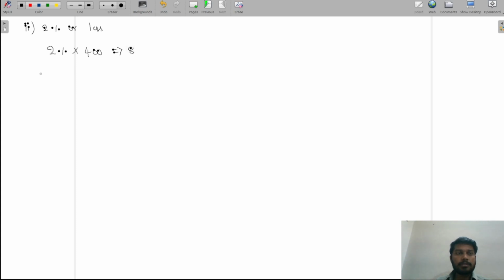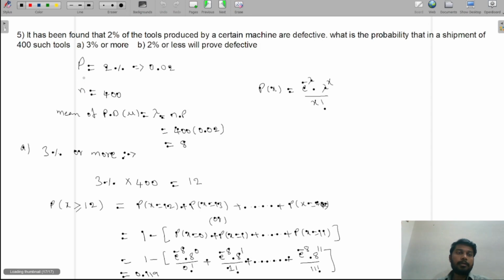Okay, so which is nothing but P of x, 2% or less, meaning x less than or equal to 8. So at these values of x, we have to find a probability.